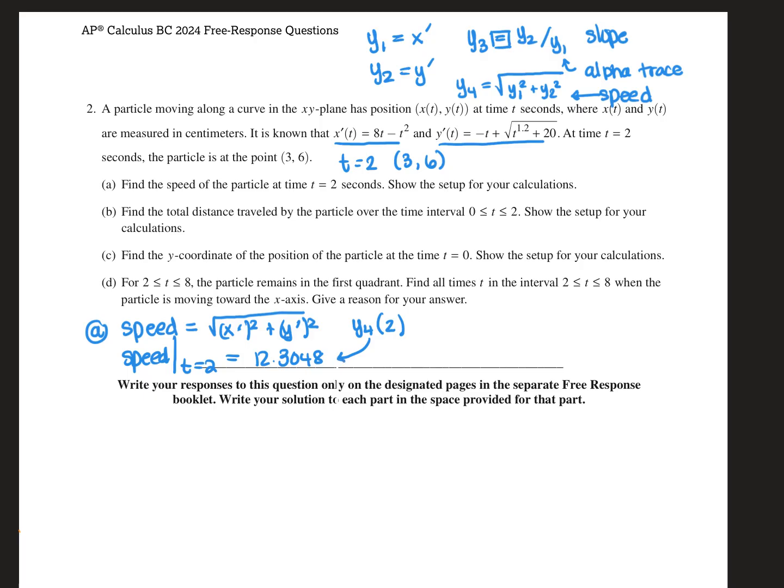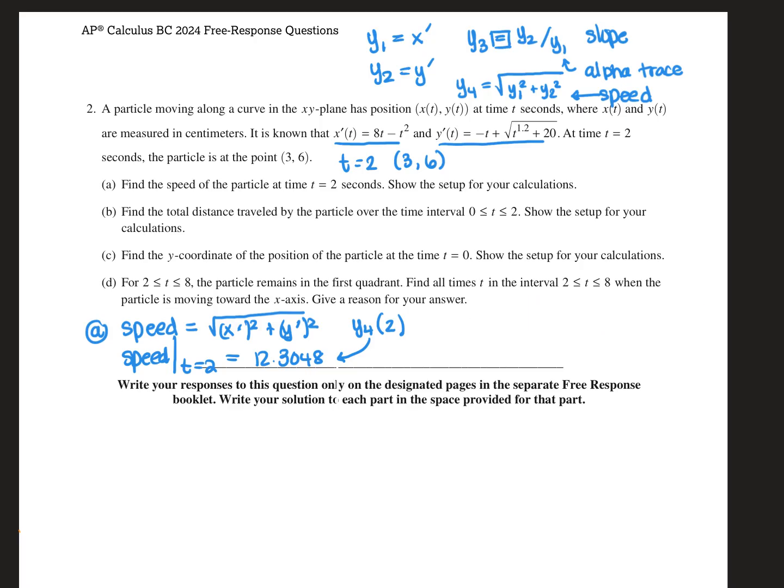Now what AP is really picky about, if I write the speed formula in terms of t, so like x prime squared plus y prime squared, if I say that's equal to 12.3048, they're going to take off a point because the speed is only equal to that at time equals 2. So if you want to write the speed formula with a 2 in it, then that's okay.